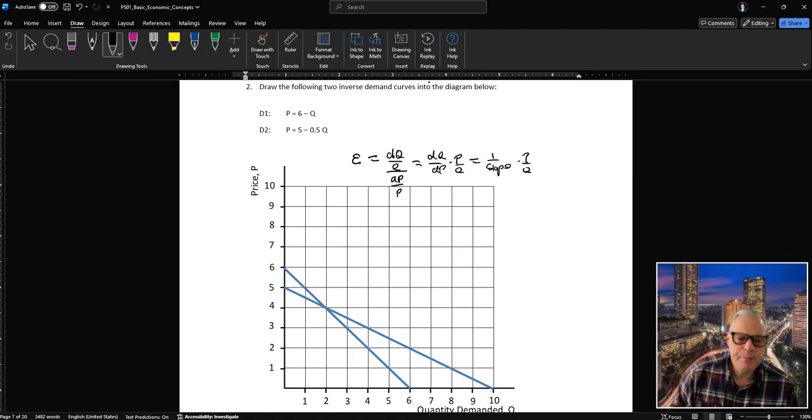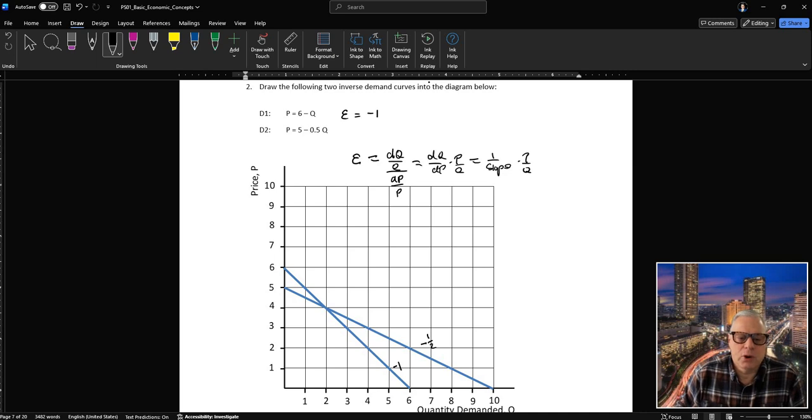So the slope of this one is -1/2, and the slope of the other one is -1.